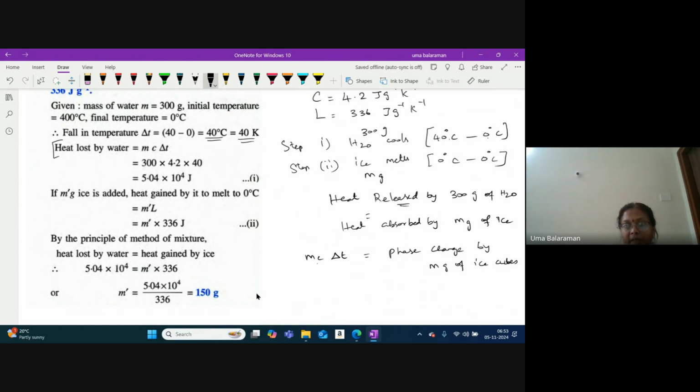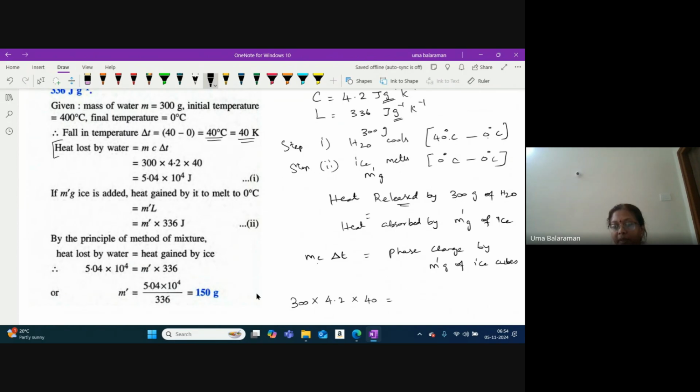So mc delta T is going to be 300 grams. Since everything is given in grams, we can keep it in grams. 300 into C, which is 4.2, into delta T, which is 40. Phase change is m dash L. They have kept it as m dash, no problem.